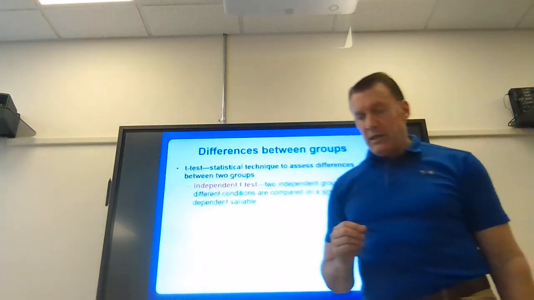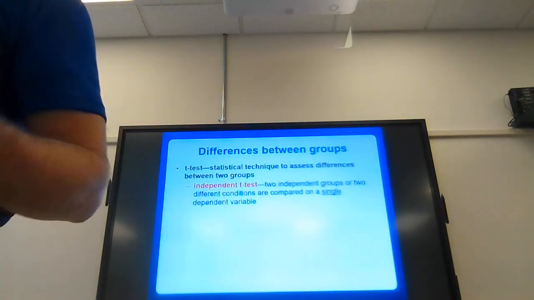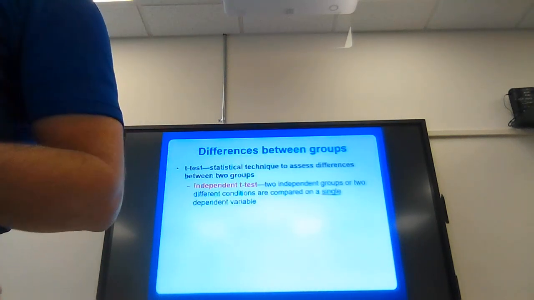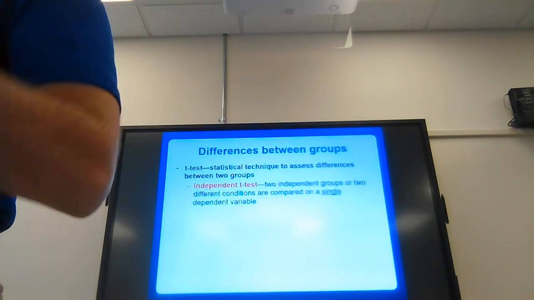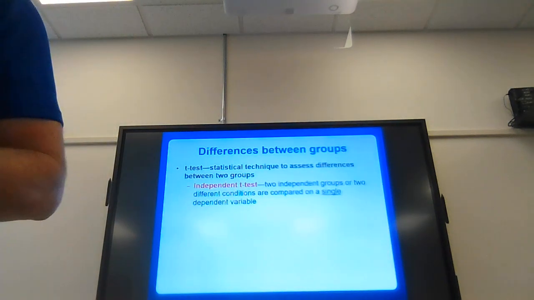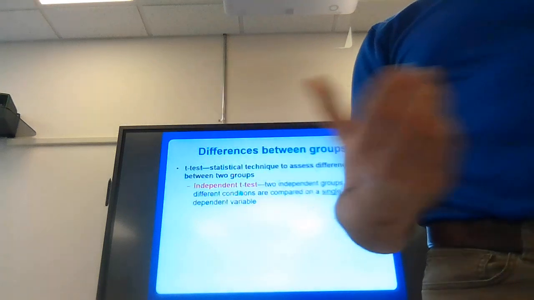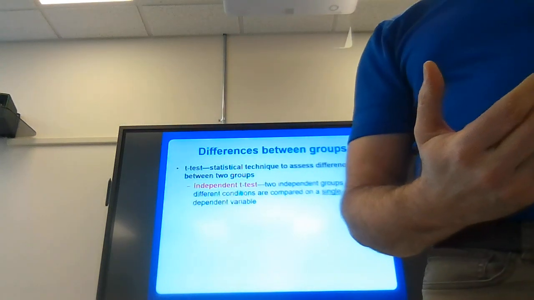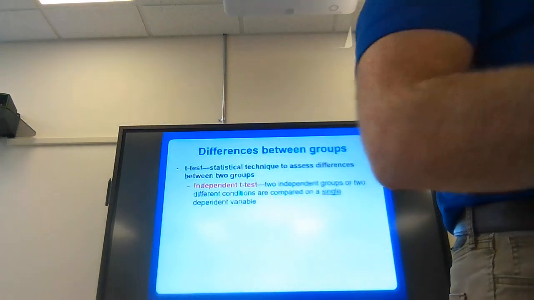Okay, so let's take an example. Someone at this time is doing their senior thesis using an independent t-test. They have a placebo group and an experimental group. They're taking one group of people, and everyone in that sample, on two different occasions, is doing either the control or the experimental condition, with the order randomized.